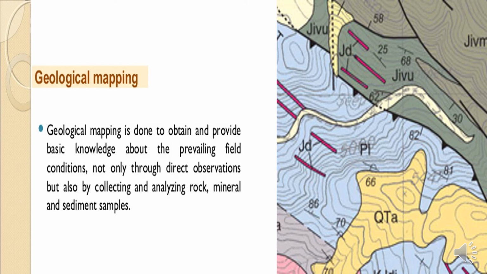We only study the maps which are around us. That means the political maps, physical maps, where we are seeing the boundaries, the features, the relief features. But what lies under the earth? There are rocks, correct? Now, to study those rock structures, we need to study a particular type of map which is called a geological map.